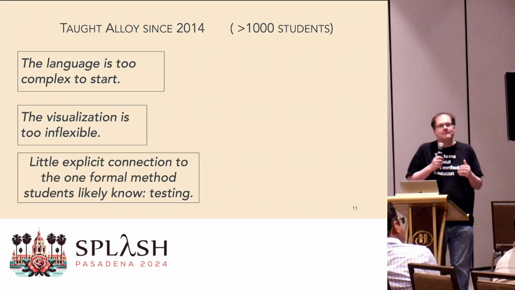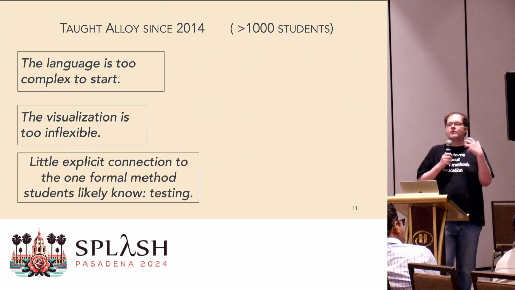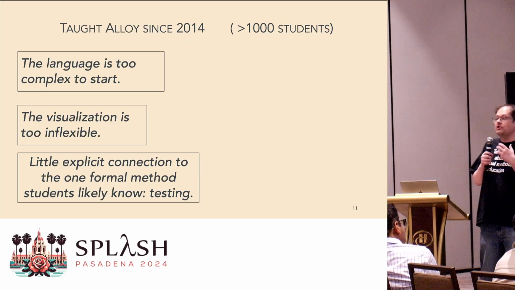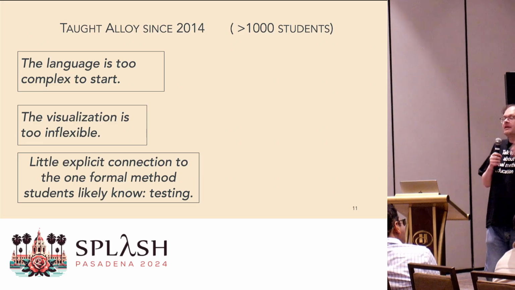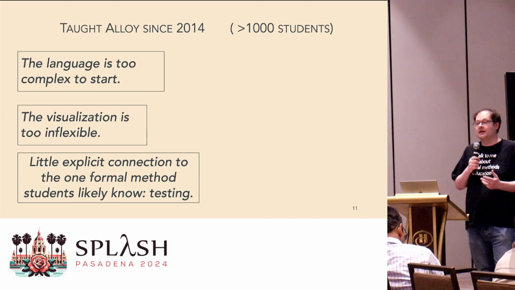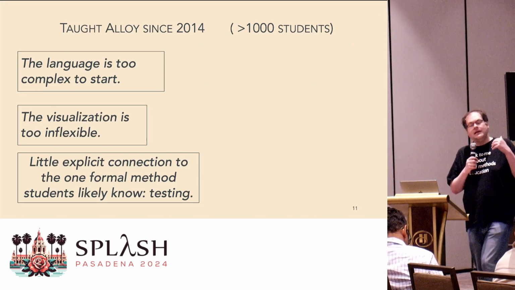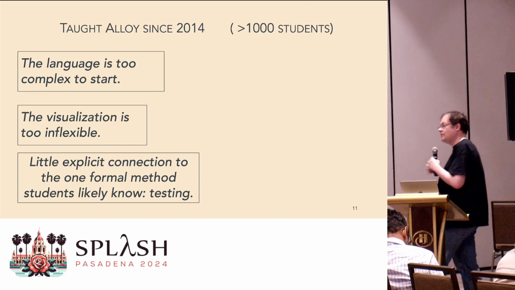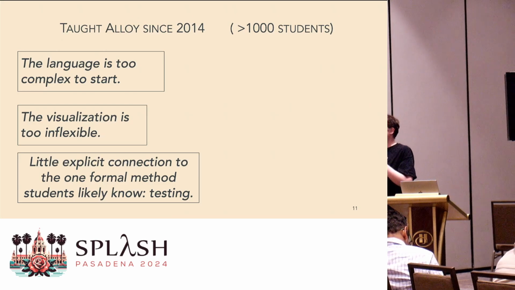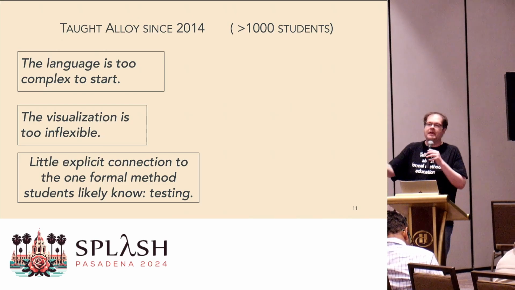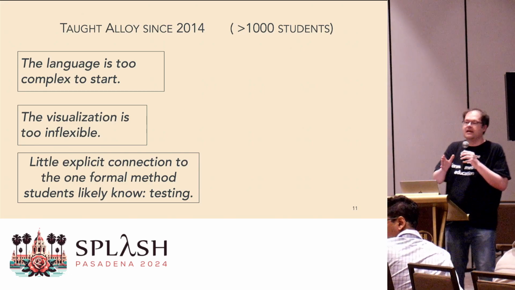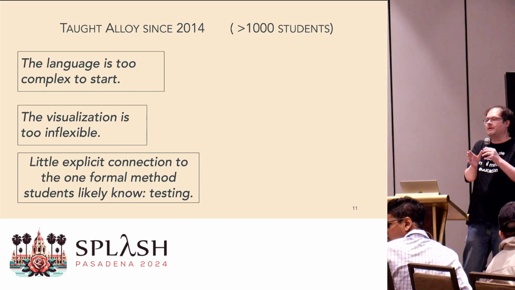And finally, students will come into their first formal methods course, if they're not formally inclined, knowing exactly one formal method, that is to say testing. And it's important that a tool that's trying to interface with such a student's state of mind is able to help them carry over that intuition for testing into thinking about more formal specification.